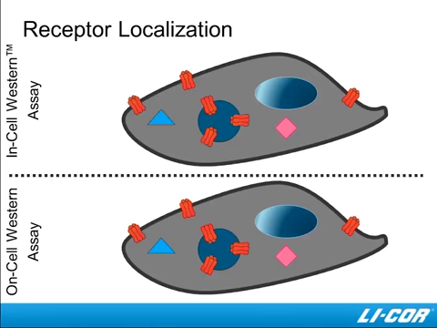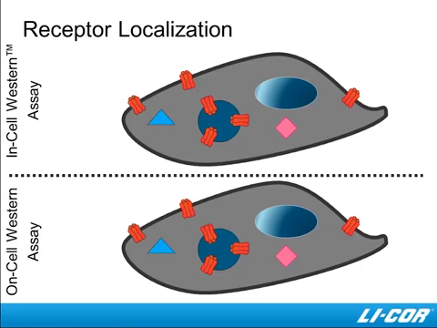Now in this example, I'm going to have 2 side-by-side wells. One well will be shown on top for the In-Cell Western Assay, and then the well next to it will be shown on the bottom for the On-Cell Western Assay. Now if I'm going to do any cell treatments, both wells will be treated identically. Once I'm done with my treatments, I again remove my media and fix the cells.